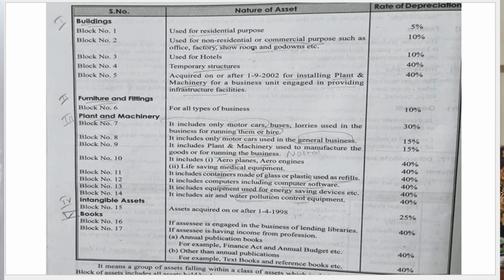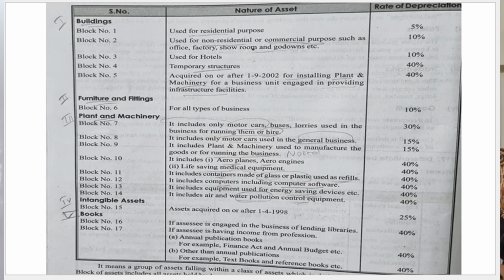Block number 13 includes equipment used for energy saving devices, 40%. Block 14 includes air and water pollution control equipment, 40%. So blocks 7 to 14 are related to plant and machinery. Next, the fourth category is intangible assets. Intangible assets generally means patents, copyrights, goodwill, etc.